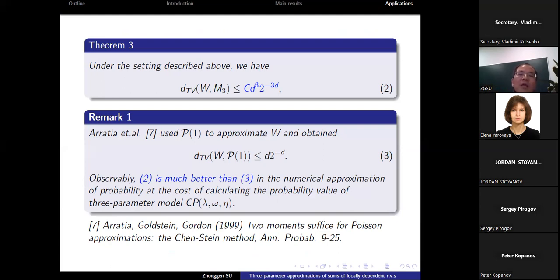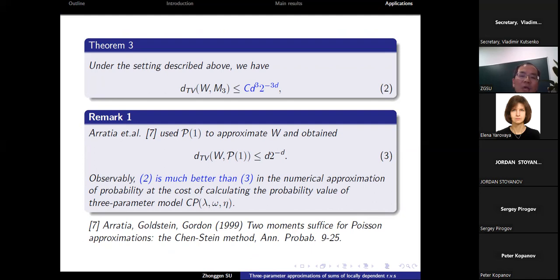To understand our result, we want to compare with the literature, with a paper by Arratia and others as early as 1990. They used a 1 parameter Poisson distribution to approximate W. Formula 3 is their result.